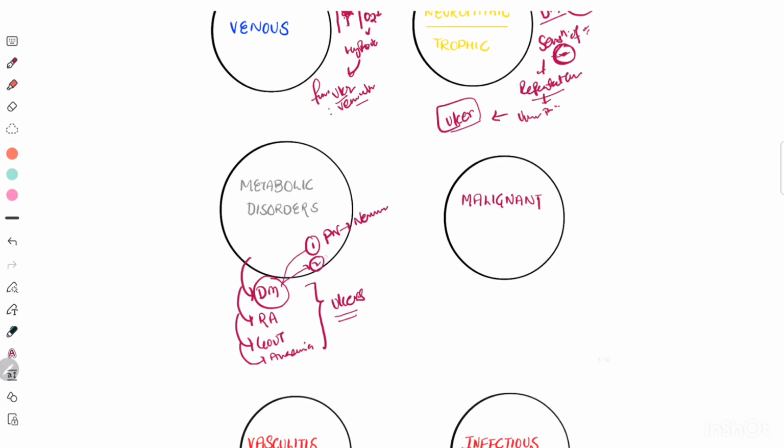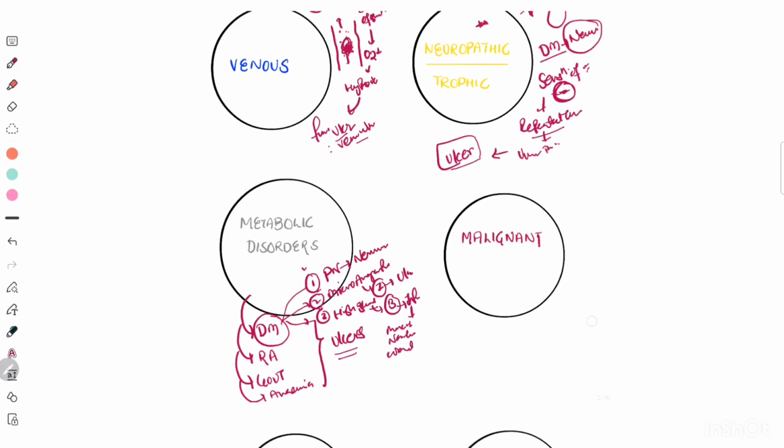The second one, microangiopathy, which causes ischemia and finally causes ulcers. And the third cause is the high blood sugar, which attracts bacteria, and due to the inflammation there is more chance of non-healing wound formation. So these are the three mechanisms in diabetes mellitus which cause ulcers.